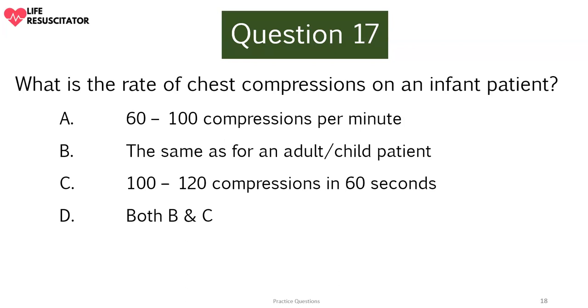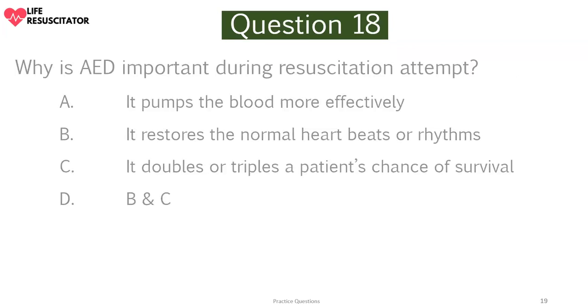C, 100 to 120 compressions in 60 seconds. D, both B and C. Okay, so what is the rate of chest compression in an infant? Make your choice, and then let's move to the next question, number 18.